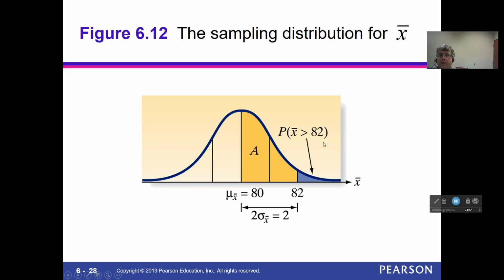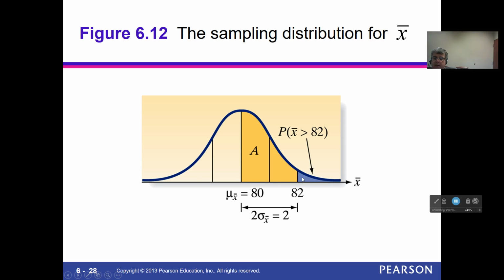Now here, this is what we're going to be doing. This is an example of a one-tailed test, maybe. So here, we believe that mu is, in this case, 80. Now, we have a sampling mean distribution, and it has a bell-shaped curve here.